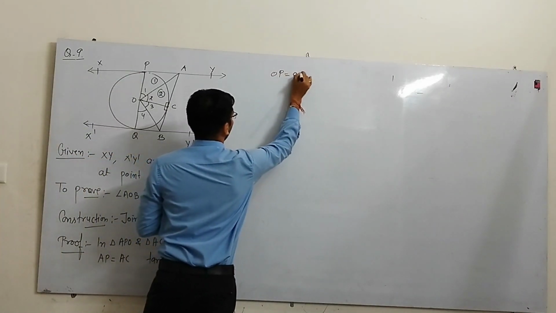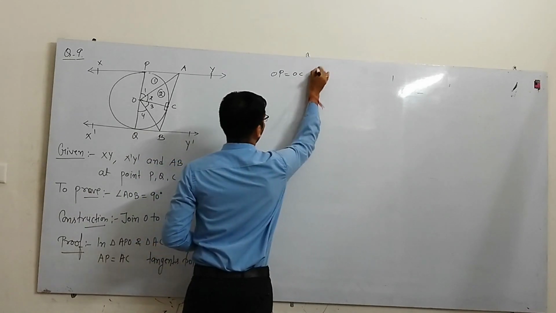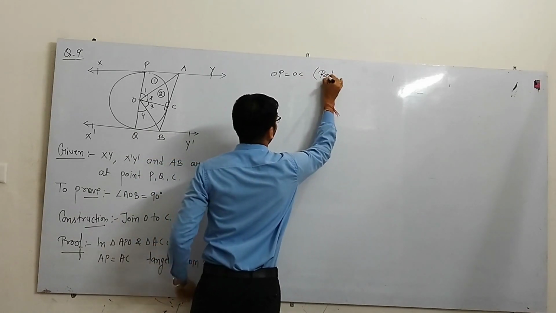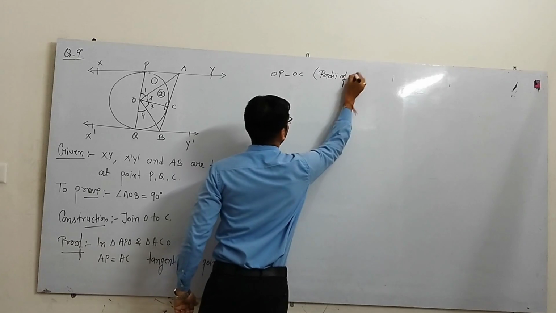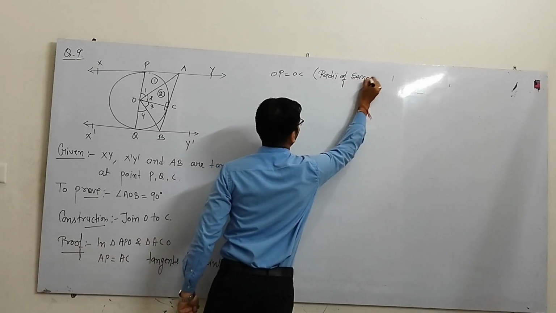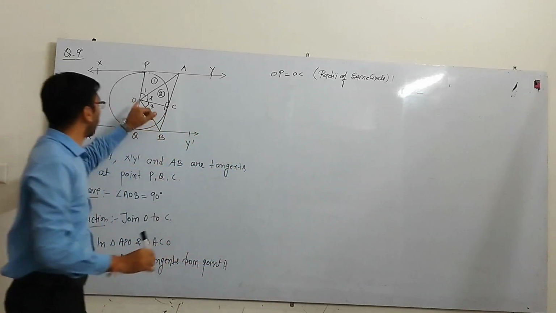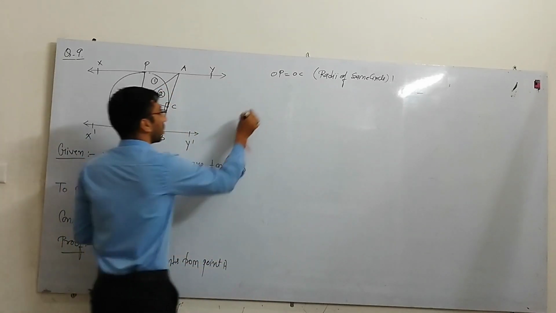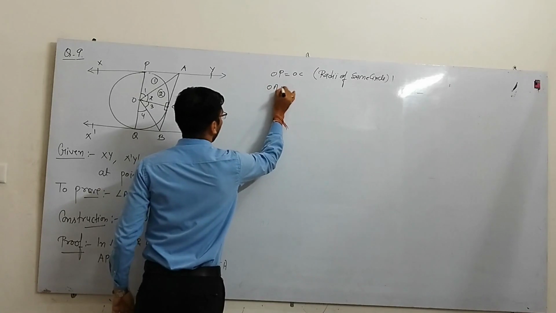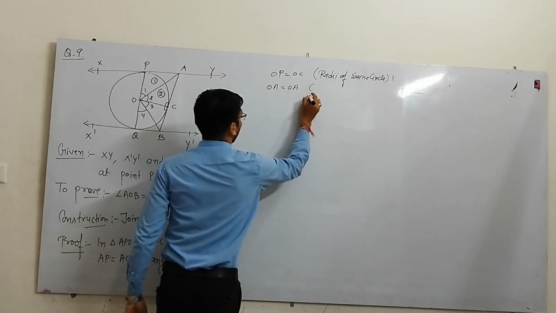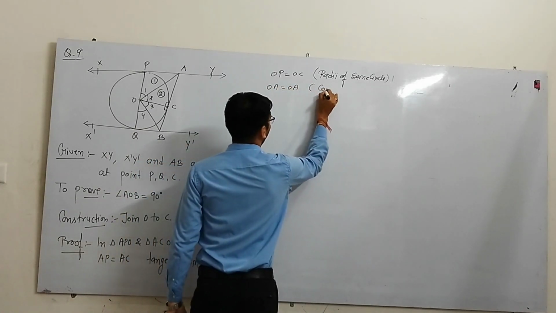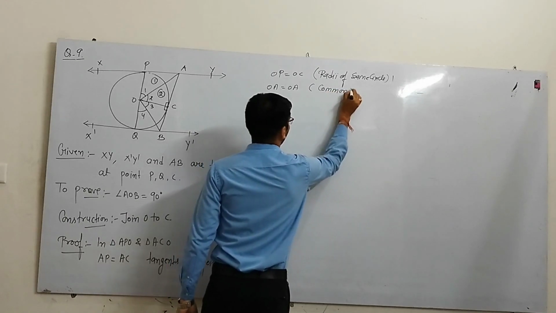These are equal because these are radii of the same circle. And the third part that we have is OA, which is common in both the triangles, that is OA is equal to OA.